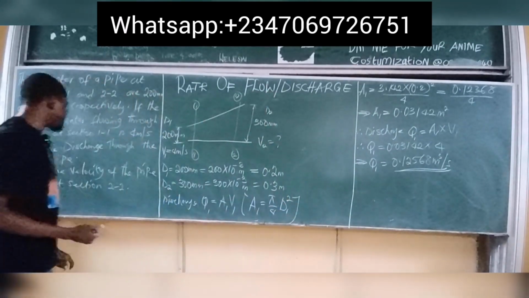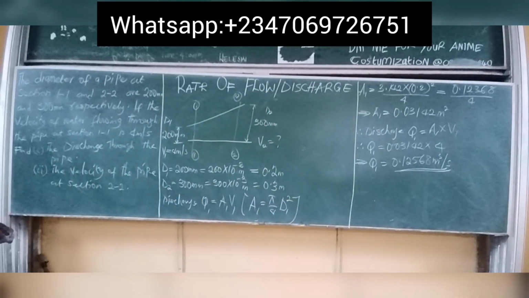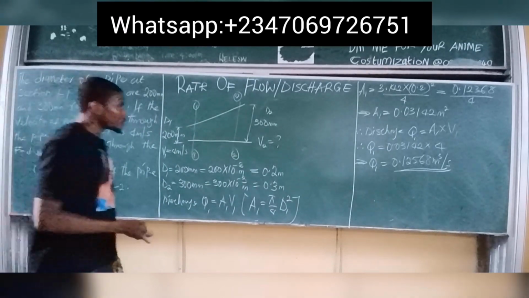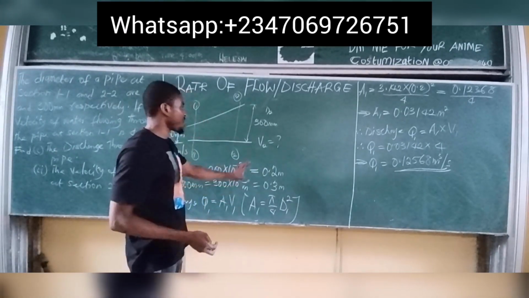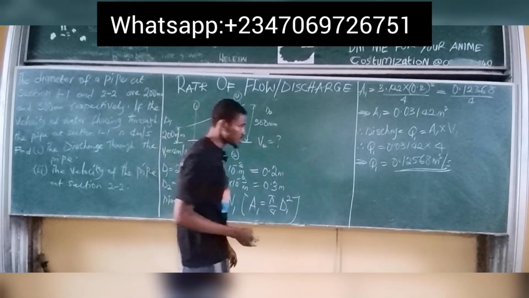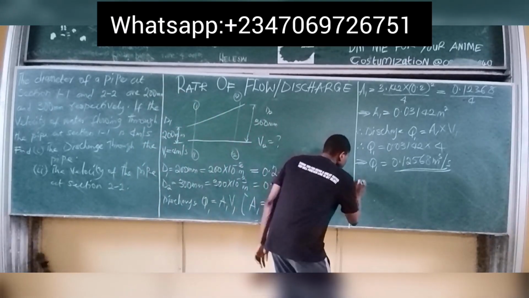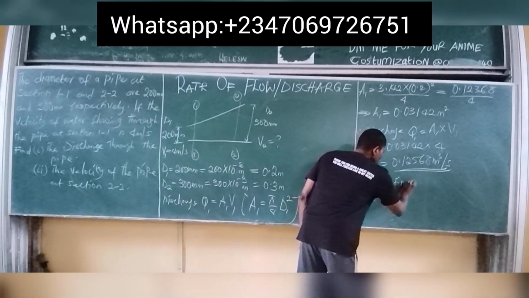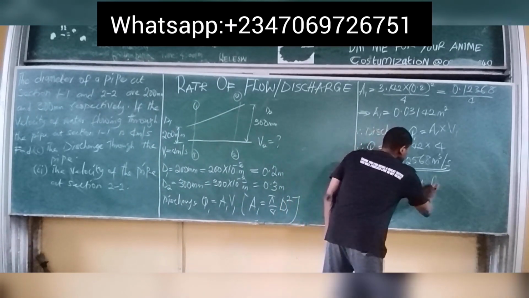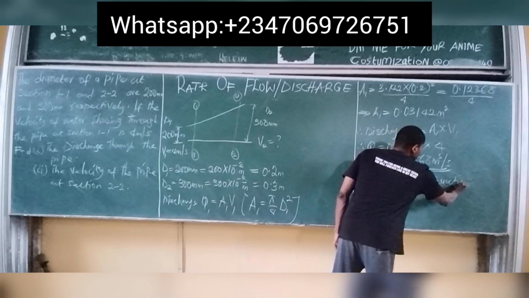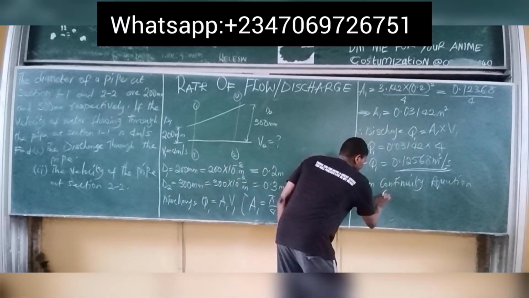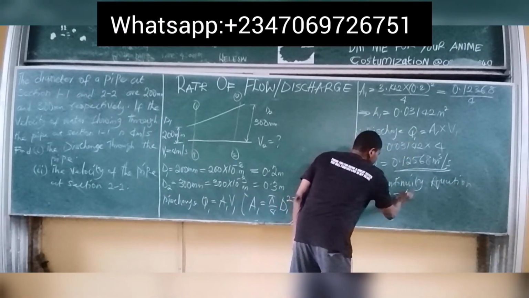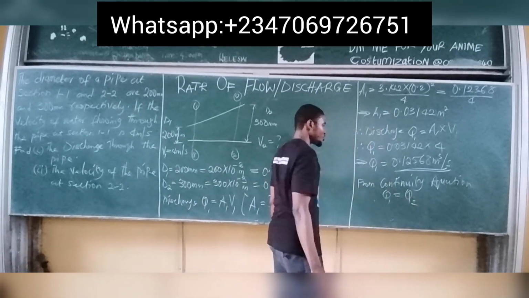The next question says we should find the velocity of the pipe at section 2. So we have to obtain the velocity at this section. We employ the continuity equation. From the continuity equation, we have that discharge at section 1, Q1, is equal to discharge at section 2, Q2.